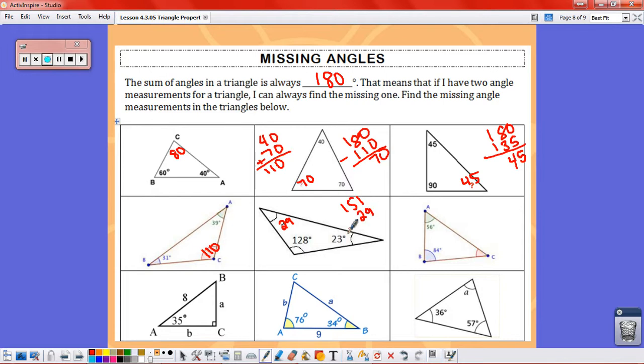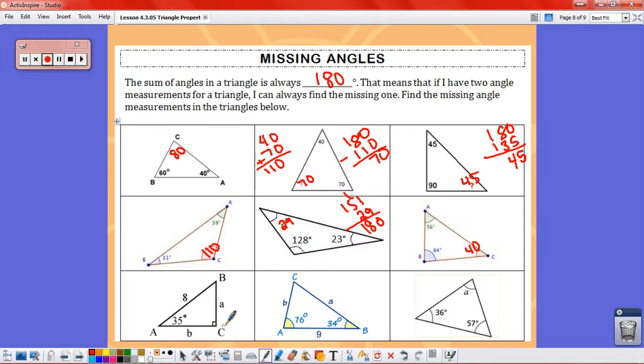And I'm checking this one by adding because I felt like it. 84 and 56: 6 and 4 is 10, carry the 1. 8 and 5 is 13, and 1 is 14, 140, so there's 40 degrees missing.